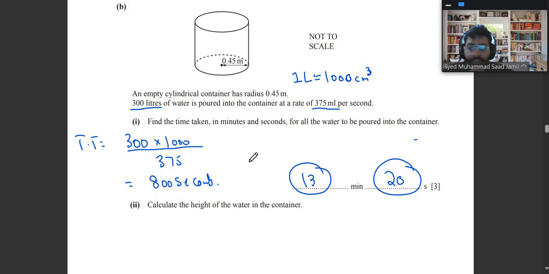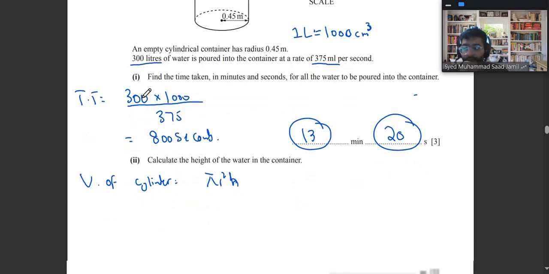Next question says calculate the height of the water in the container. Now to calculate the height of the water in the container, what you need to understand is the formula for a cylinder. Volume of cylinder is equal to pi r squared h. And it says 300 liters of water is poured into the container.